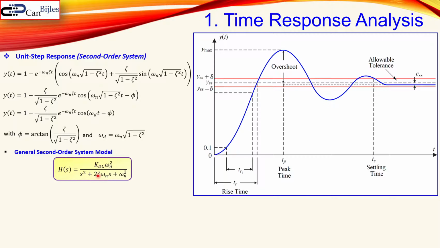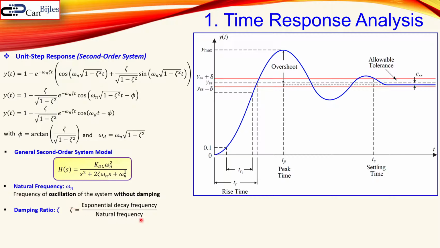We also have zeta, which determines our damping ratio, which is related to the overshoot and also the settling time. Again, the natural frequency is the frequency of oscillation without any damping. The damping ratio is given mathematically in this form, the exponential decay frequency divided by the natural frequency, and that has no unit, so it is unitless.